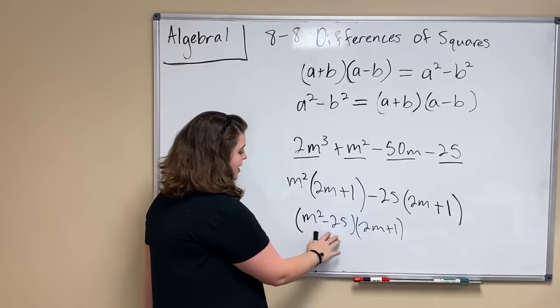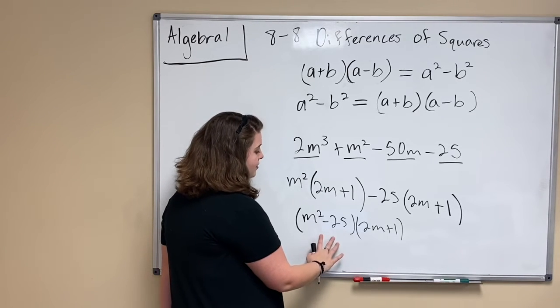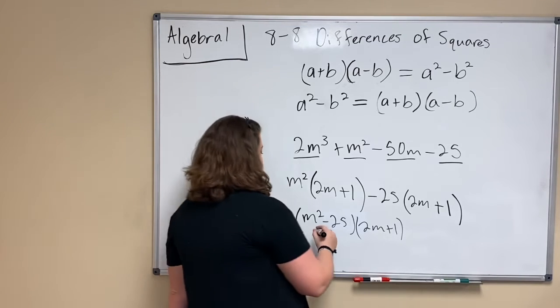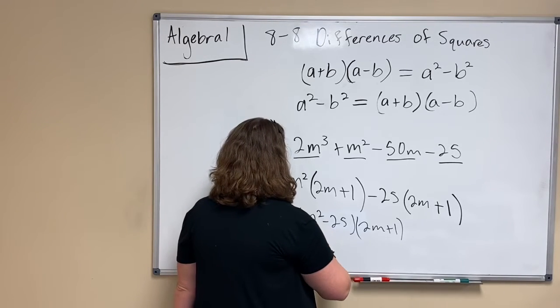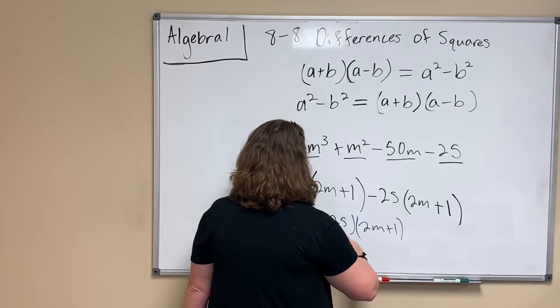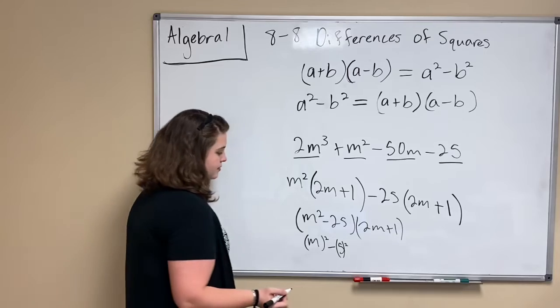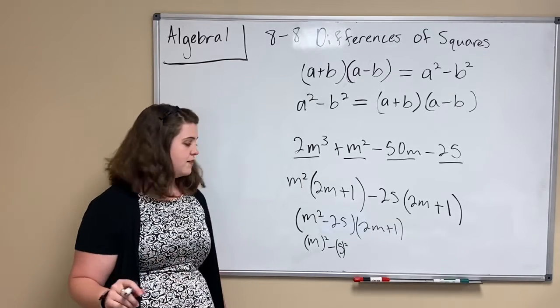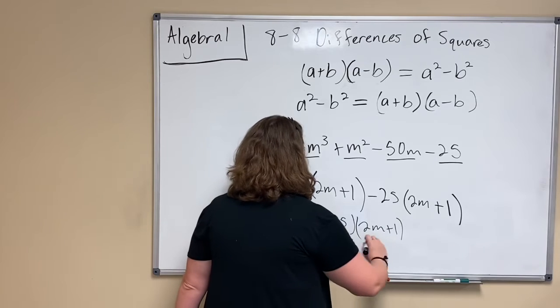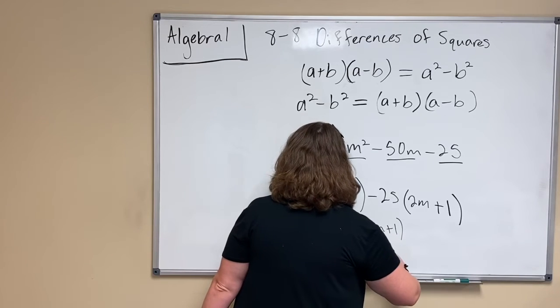So I'm going to take m squared minus 25, and I'm going to rewrite that as m squared minus 5 squared, right? Because the square root of 25 is 5. Still keeping this here. It doesn't go away.